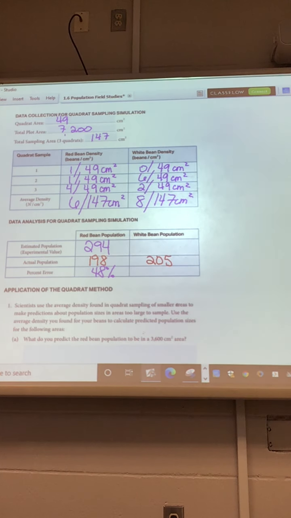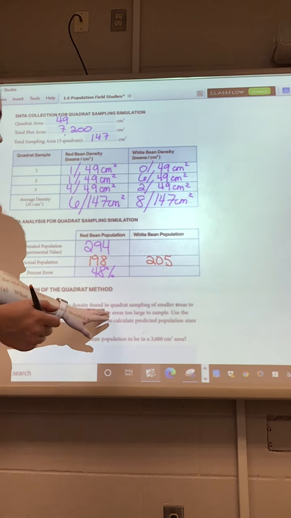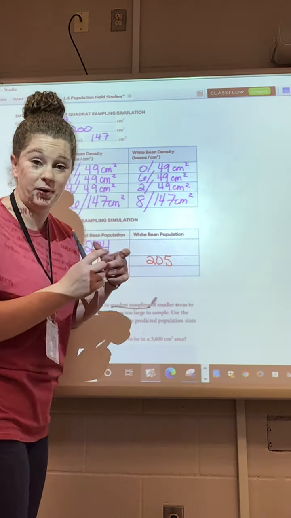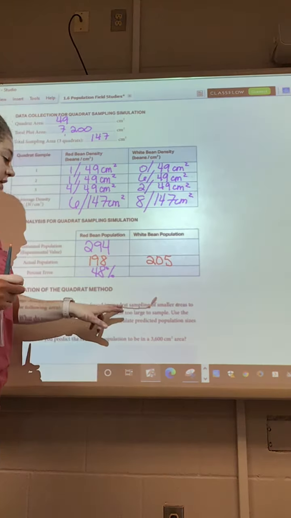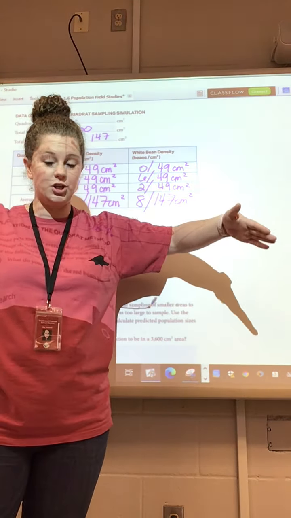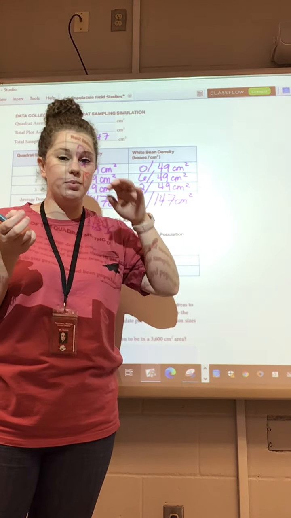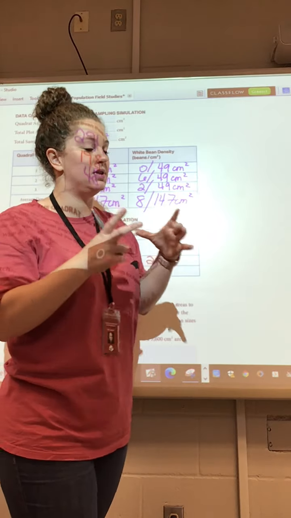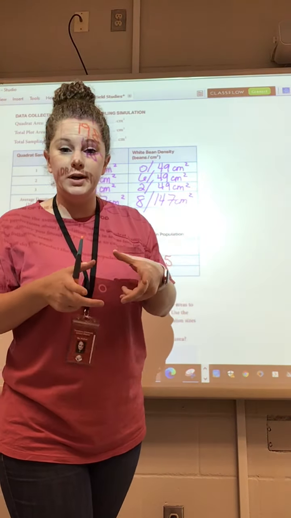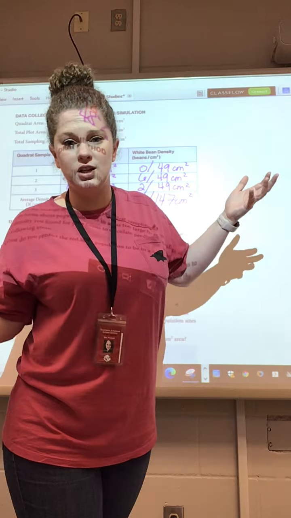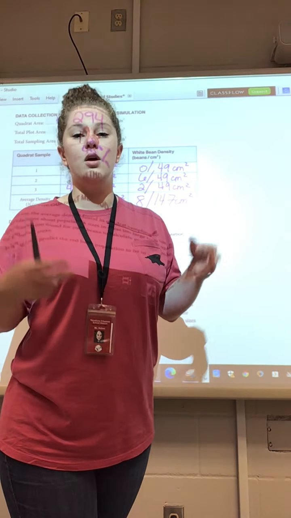I'm gonna walk you through the first one though, just to get you going. All right, number one, scientists use the average density found in quadrant sampling of smaller areas to make predictions about population sizes in areas too large to sample. So we did the quadrant sampling with my little pink rectangle because that big square was too big to count all of them, just like you would do a quadrant sampling of a specific area of the woods to see how many slugs are there or how many deer are there.